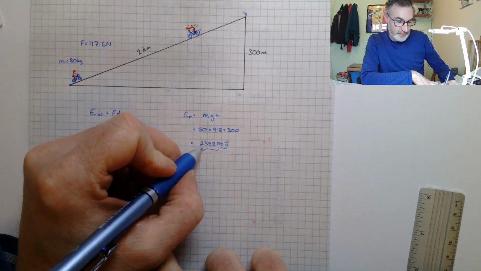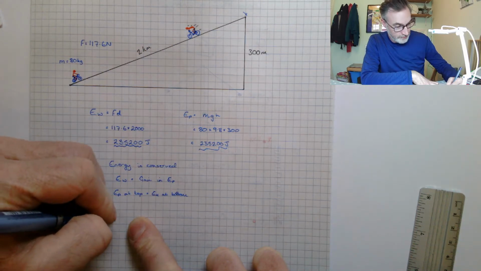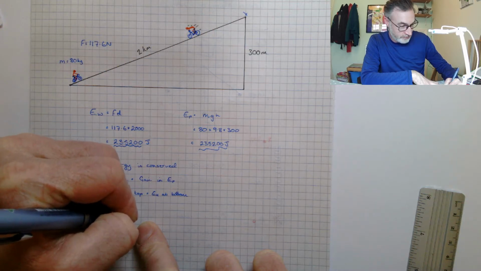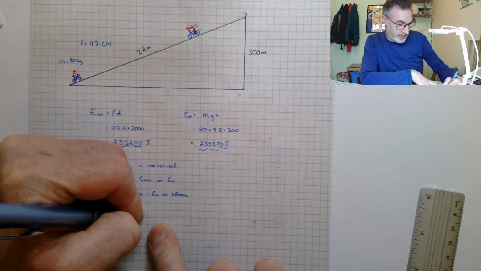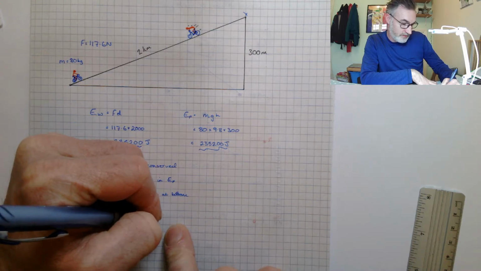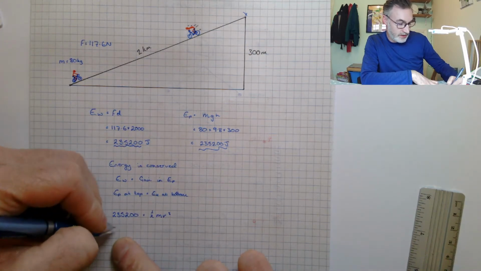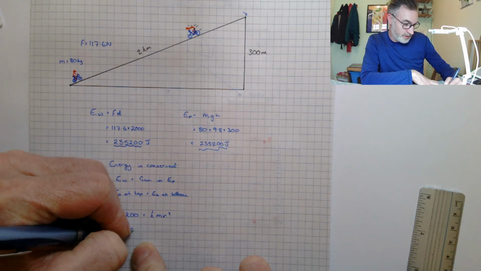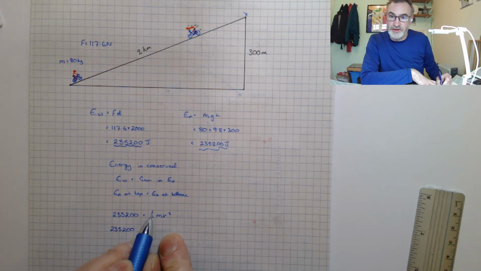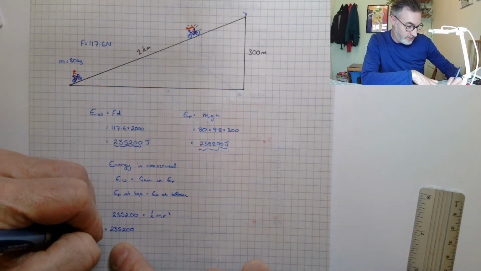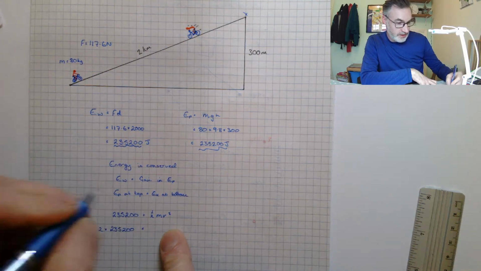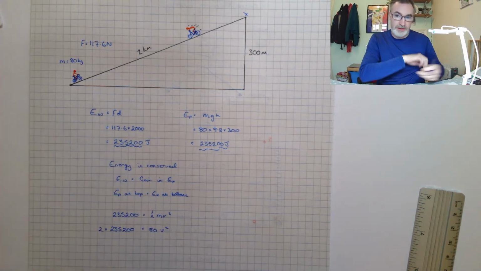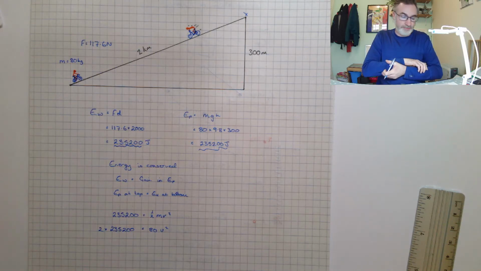We have 235,200 joules, and that's going to equal half mv squared. Get rid of the half first of all, so we're going to have 2 times 235,200, and then my mass is 80 kilograms, and we'll have v squared there.